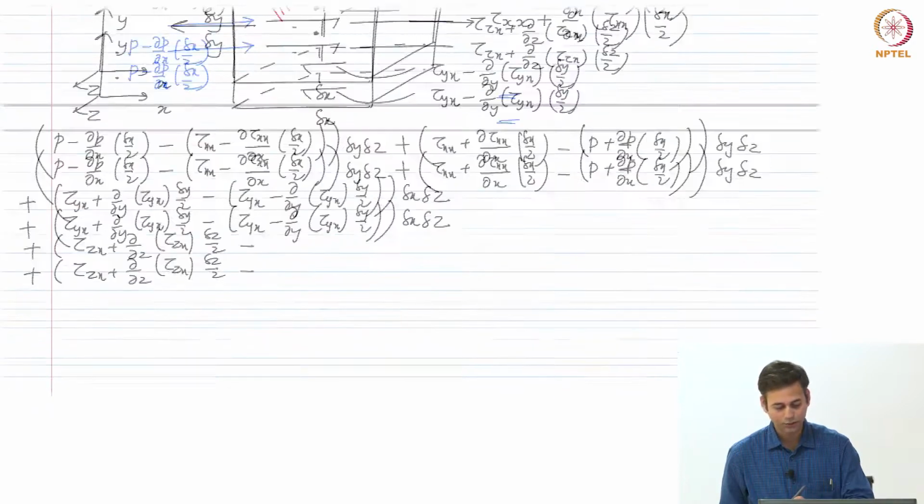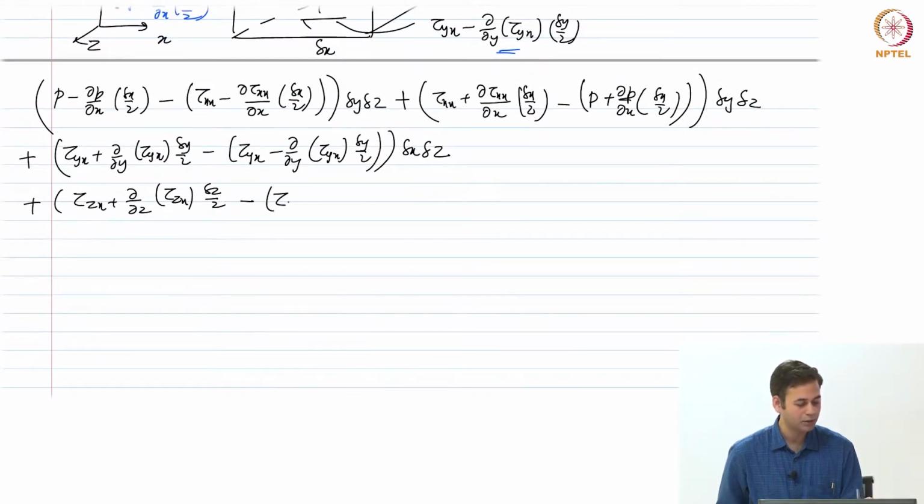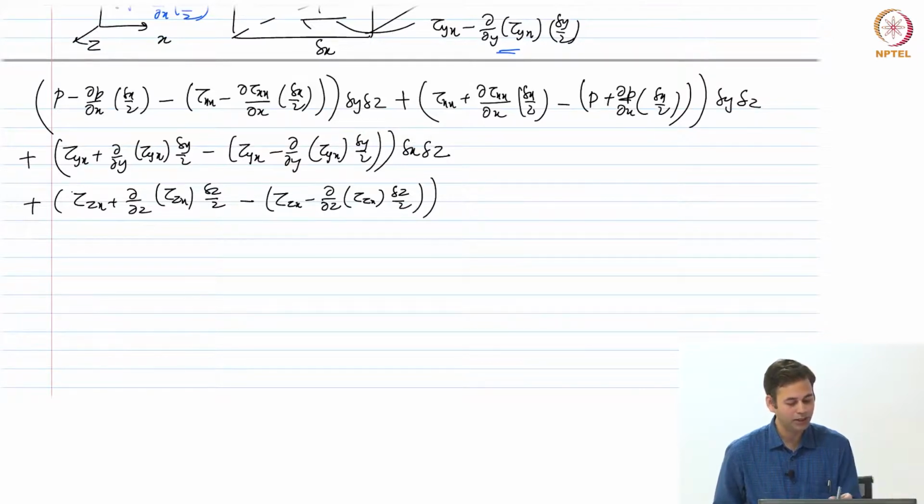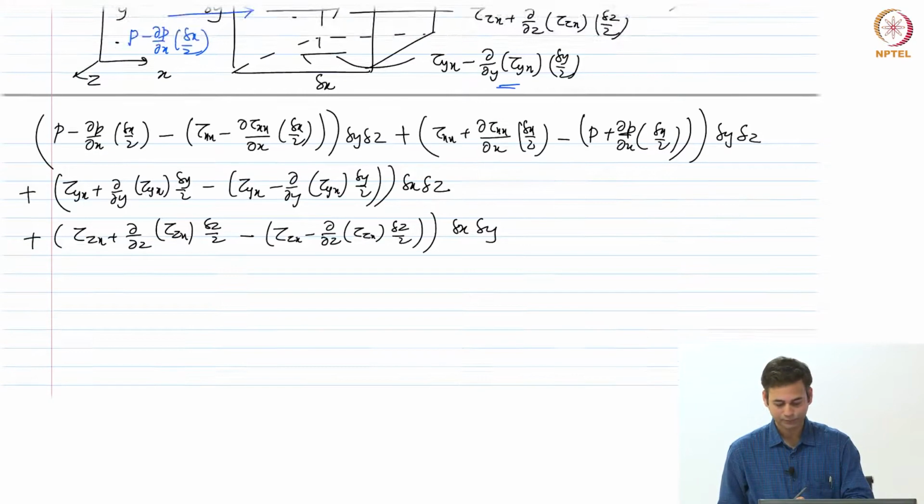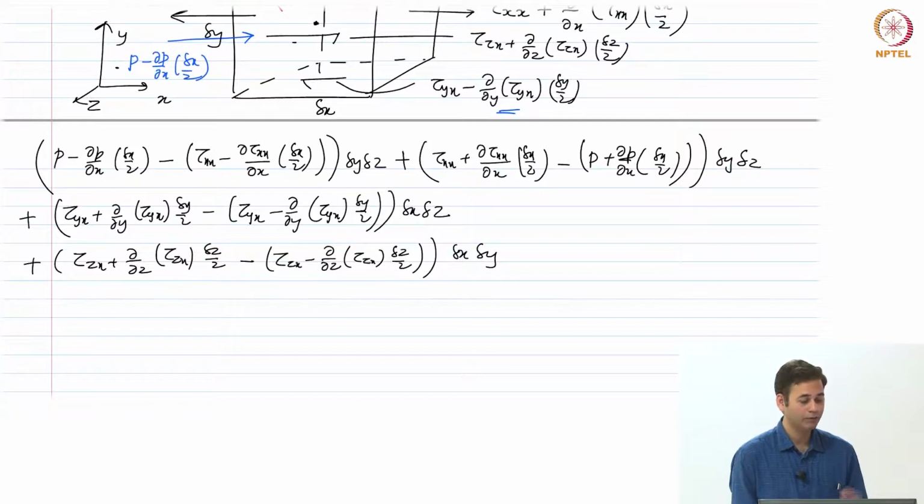So, this would be minus tau zx minus partial z tau zx delta z by 2 multiplied with area being delta x delta y. Alright, good. So, these are the forces in the x direction that act on all the faces, on the east, west, north, south and front and back faces. These are forces arising out of the surface forces.